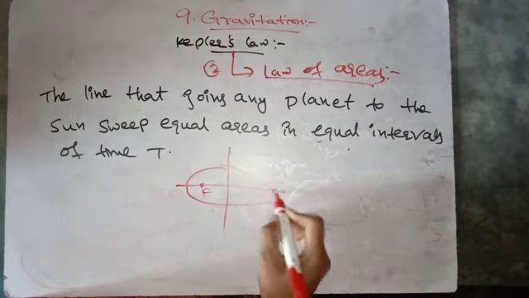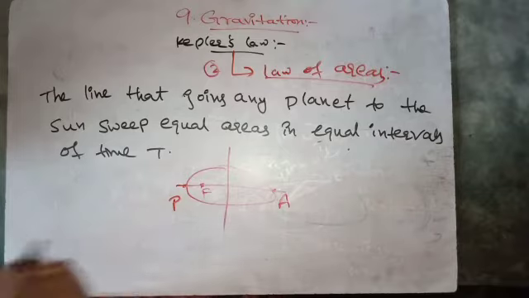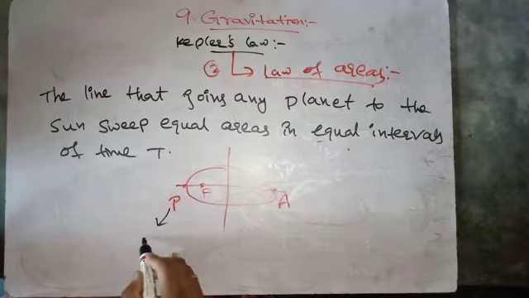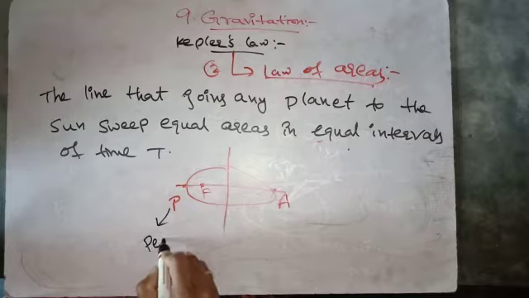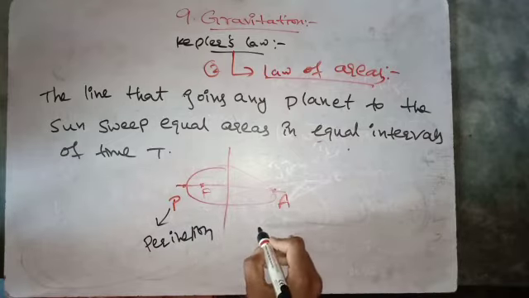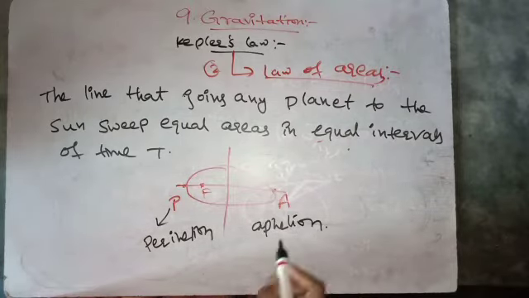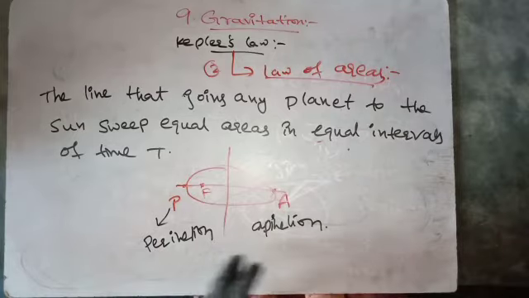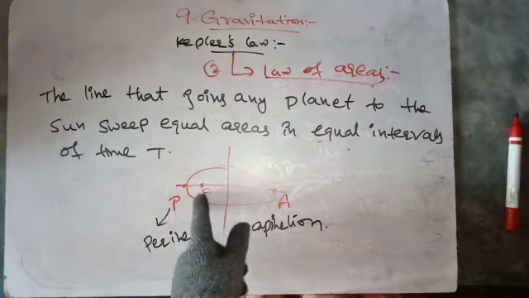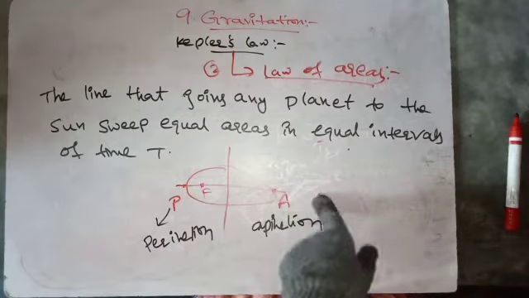The farthest point is A and the nearest point is P. The distance between the focus and the nearest point is known as perihelion, and the farthest point is known as aphelion.